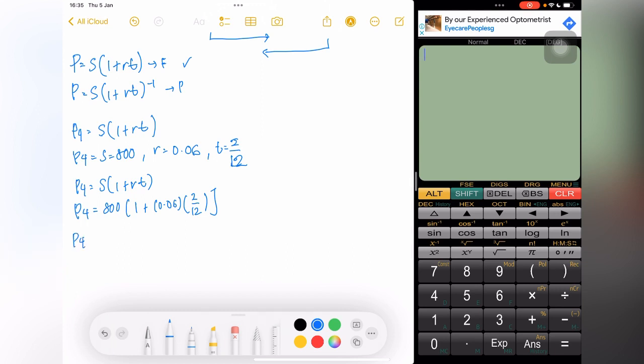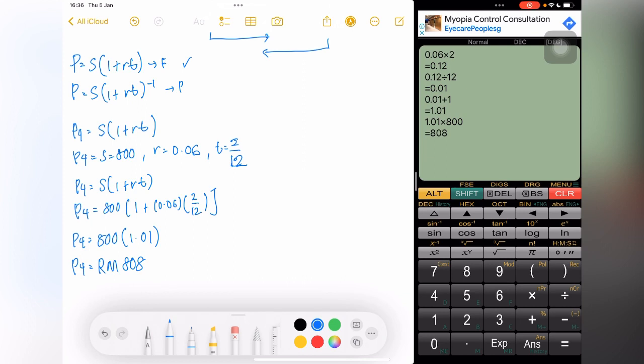Okay, P4 kita settlekan dalam kurungan, iaitu 0.06 darab 2 bahagi dengan 12. So kita dapat 0.01. Answer kita tambah dengan 1, dalam kurungan ialah 1.01. Okay, P4 kita darabkan dengan 800. Dapat jawapan, P4 kita berjumlah RM808.